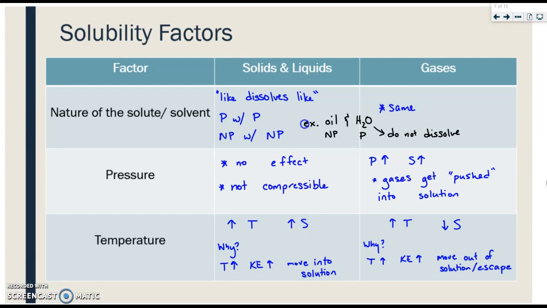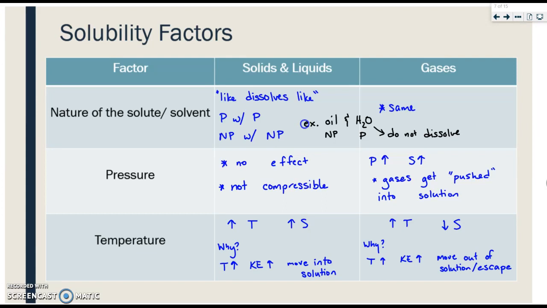For temperature, the factor of solubility is different for each type. So for liquids and solids, as temperature goes up, solubility goes up. This is because as temperature increases, kinetic energy increases, molecules move more, and our solids and our liquids move into solution.